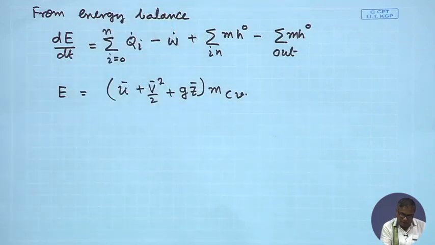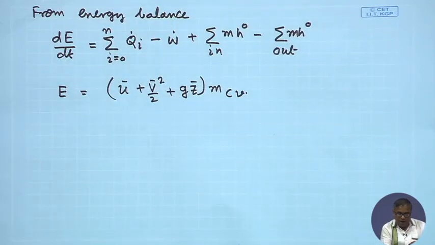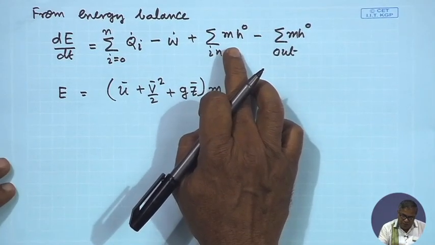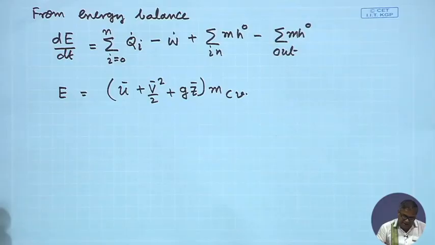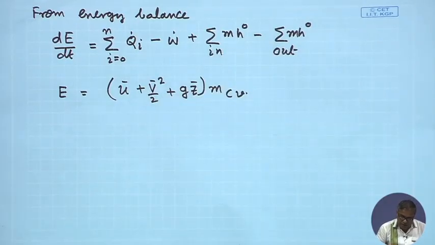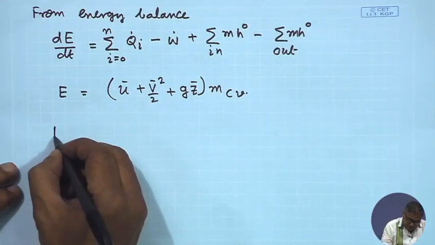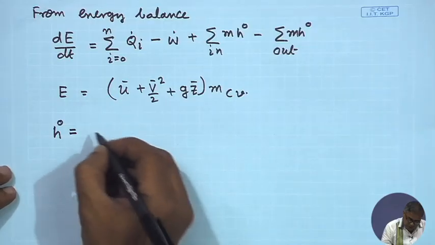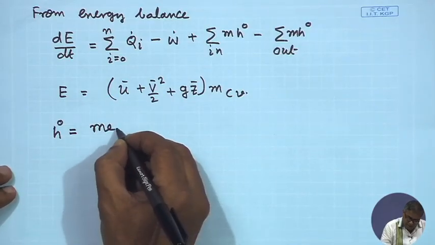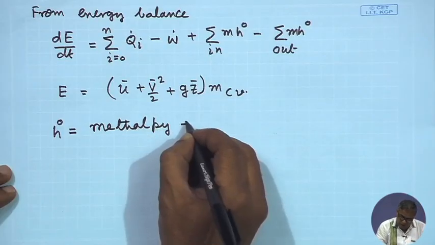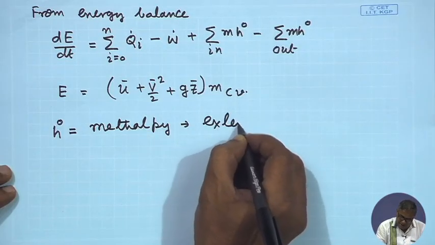So, Q I. W, we have written what is the work transfer, and then this is the amount of energy which is entering the control volume, and I have introduced a new term which is given by h dot. This is called methalpy, extended enthalpy.